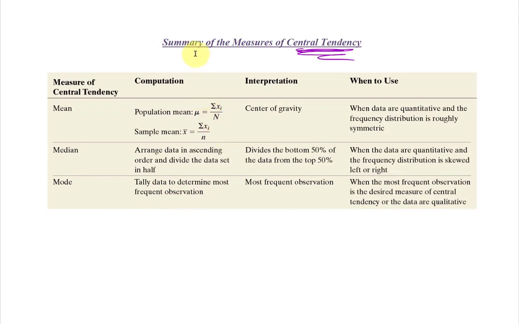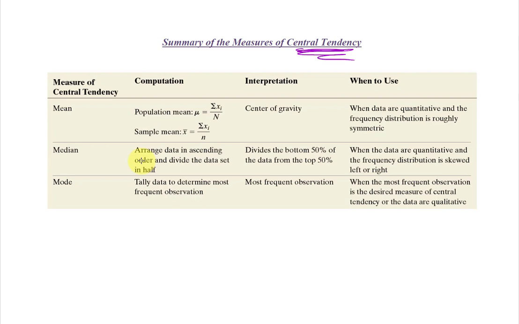Okay, a summary of the measures of central tendency. We have 3 different types of measurement for central tendency: the mean, median, and mode. For the mean, we sum all of the observations and divide by the number of observations. The median is the middle value. If the number of observations is even, you add the 2 middle values and divide by 2.